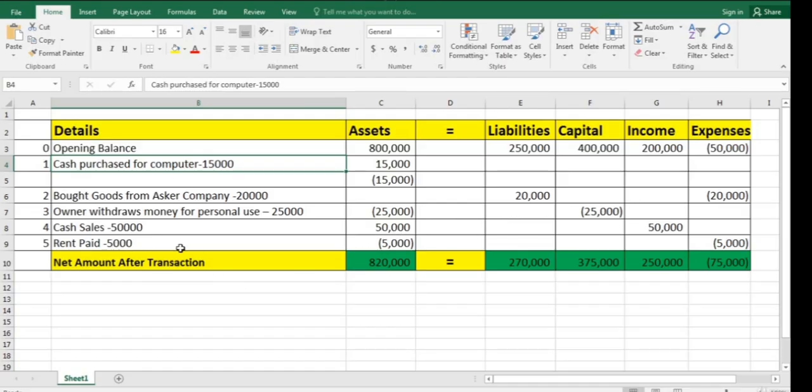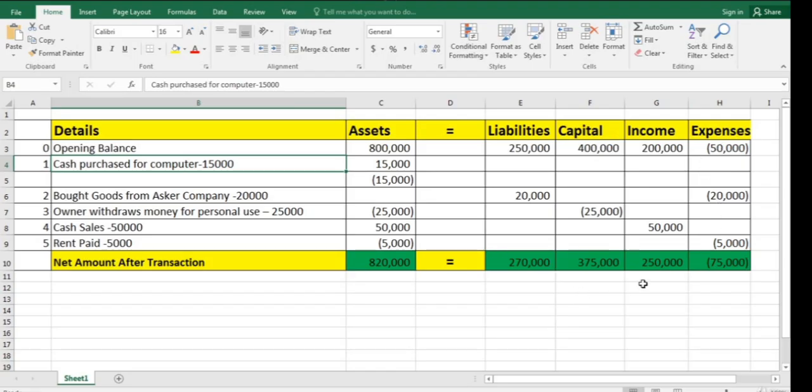Then rent paid 5,000: cash decreases 5,000 and expenses increase 5,000. So now we have entered the double entry system. Based on it, we enter assets equal liabilities plus capital plus income minus expenses. That's why I put the brackets for the increase.